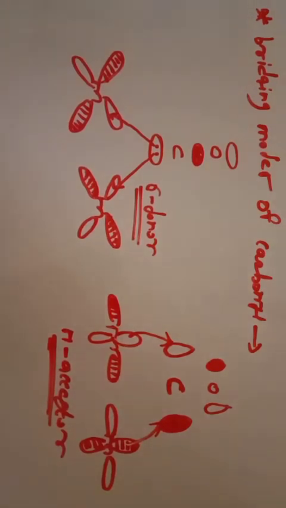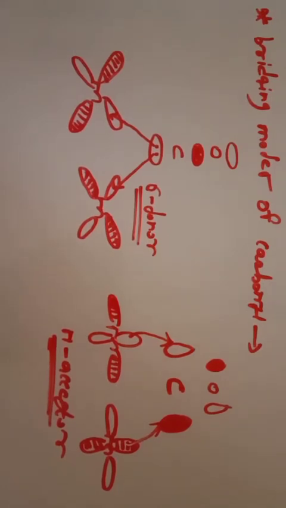Up to this we know that the carbonyl donates its electrons to a single metal atom, and it acts as a terminal ligand. But in many complexes, this carbonyl also acts as a bridging ligand, and it will bridge between two or more metal atoms.